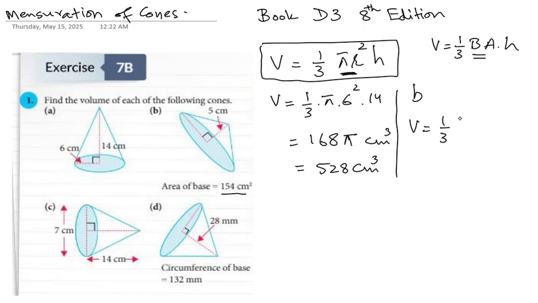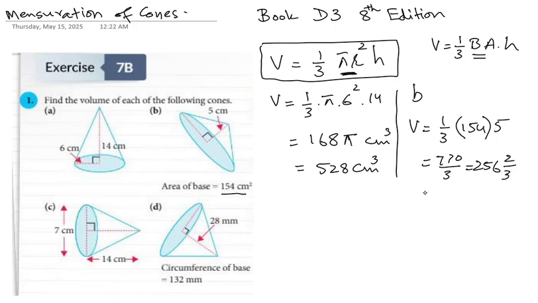Instead of pi r square, we write 154 centimeter squares as the base area, and height of the cone is given to be equal to 5 centimeters. So just put a 5 here, and solving this part, we get 770 divided by 3, and in this case it will be 256 whole 2 over 3 centimeters cube.